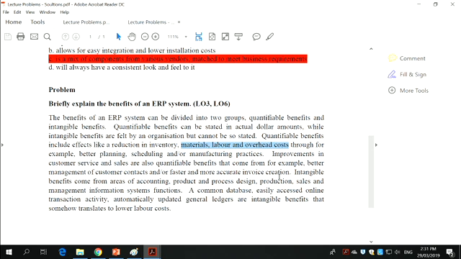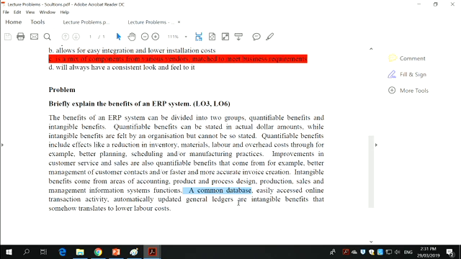And some non-quantifiable benefits include intangible benefits, right? Non-quantifiable benefits can be, for example, a common database. As I mentioned, if the company uses ERP, then the data can be shared among different departments straight away. But how can we know exactly these benefits in dollars? Can we do that? It's very hard, right?